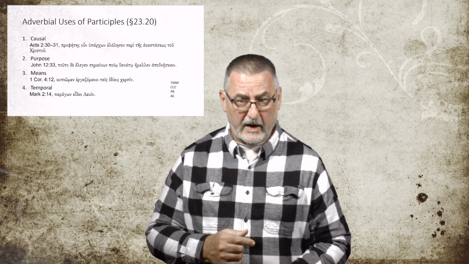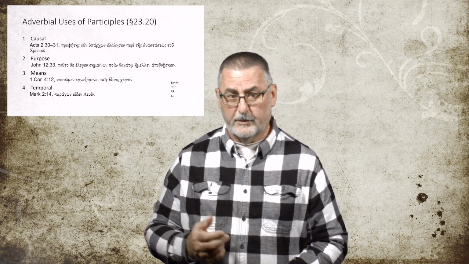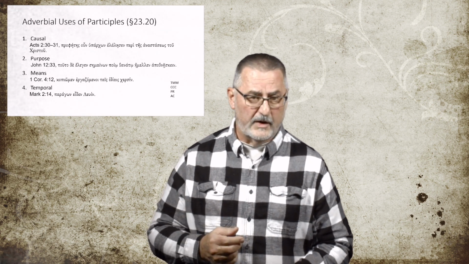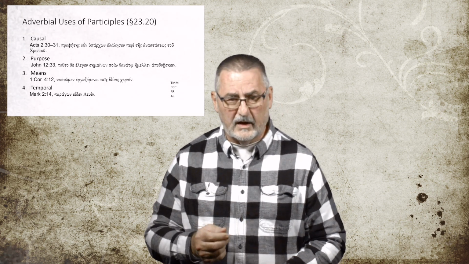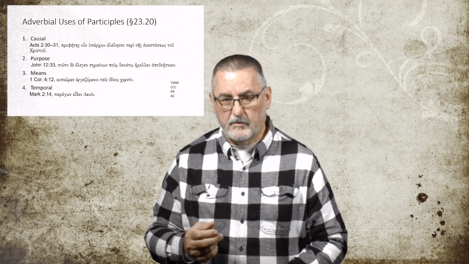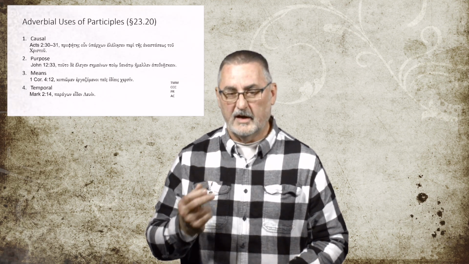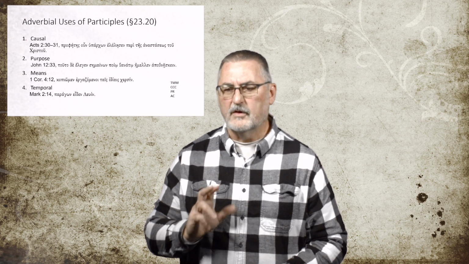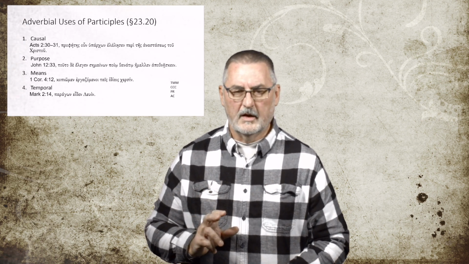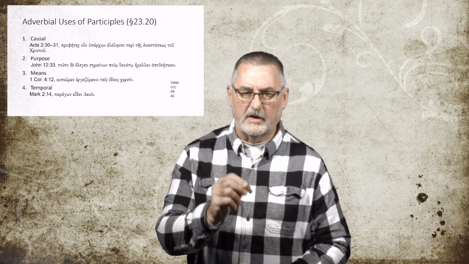Number 2, the nuance of purpose. John 12:33 says, "Touto de elegen sēmainōn poiō thanatō ēmellen apothnēskein." I think you can follow along with me, but this he was saying.